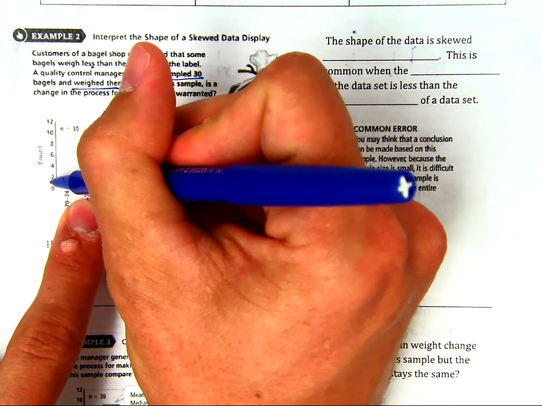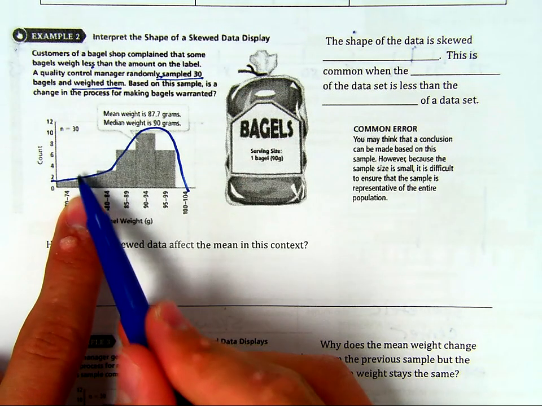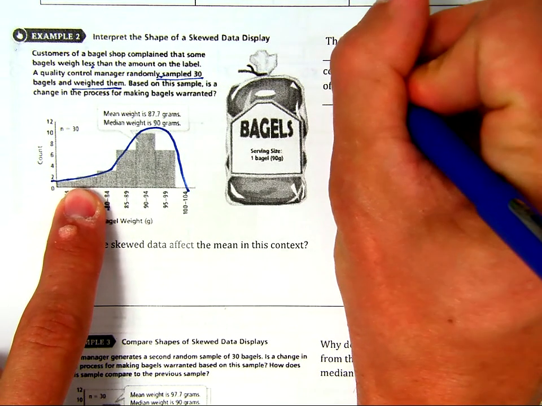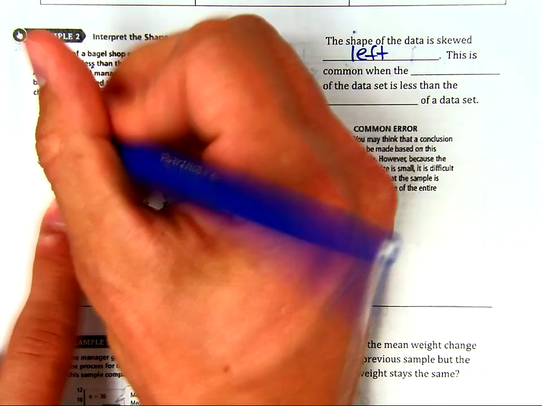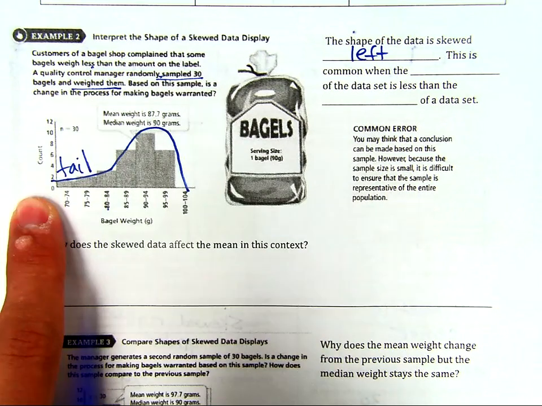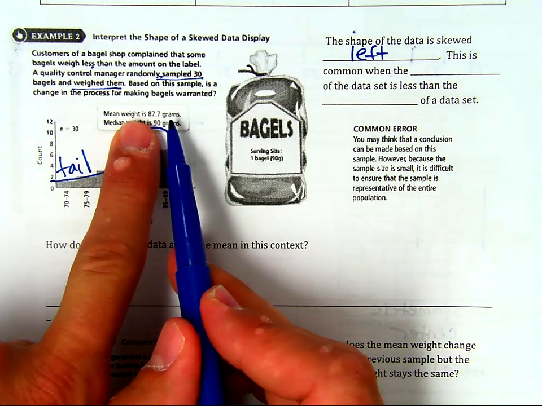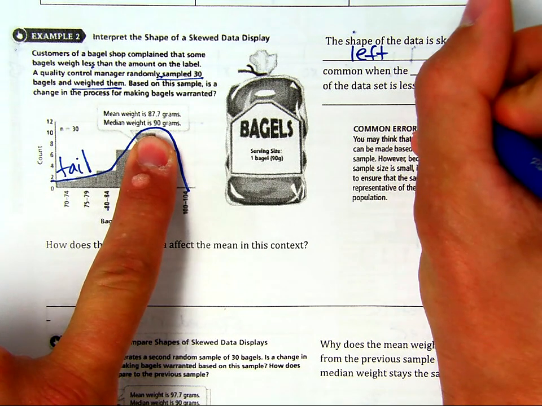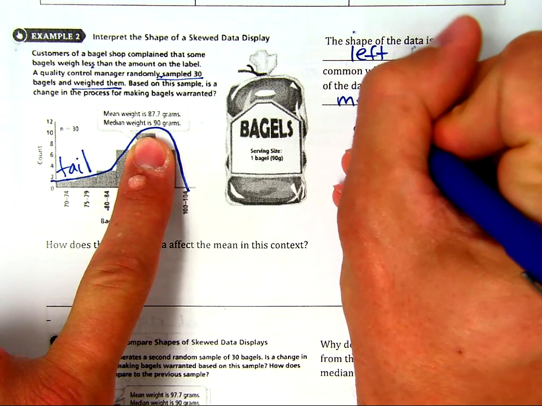Notice how we have all of these data points right here. So we say that this is skewed left. This is the skewed part, and sometimes we call this a tail. It's the tail on the left side, and it brings the average down. Notice the mean is less than the median. This is common when the mean of the data set is less than the median. We just talked about that.